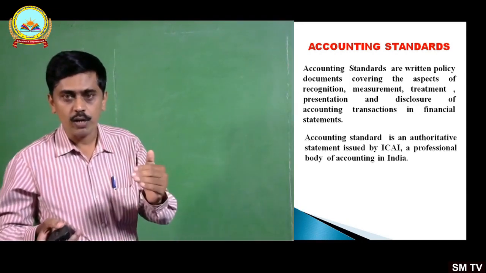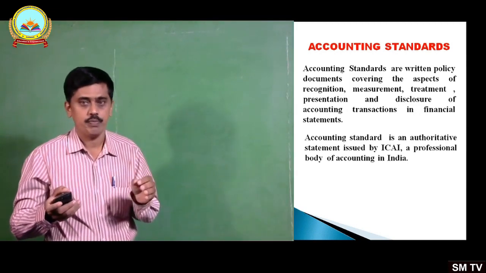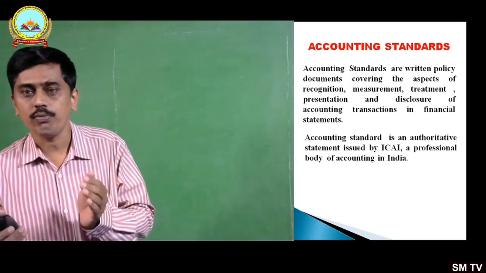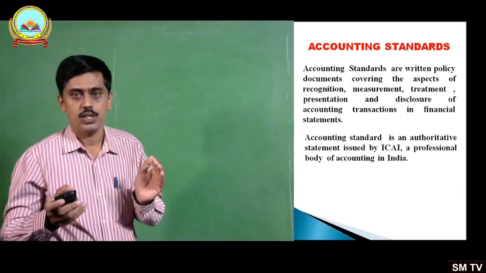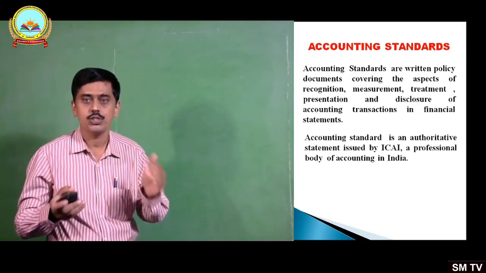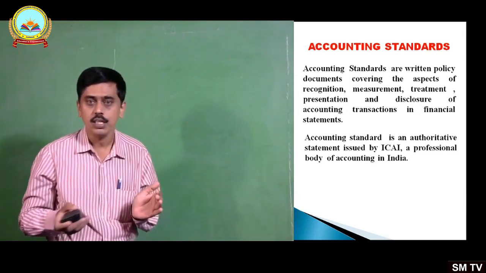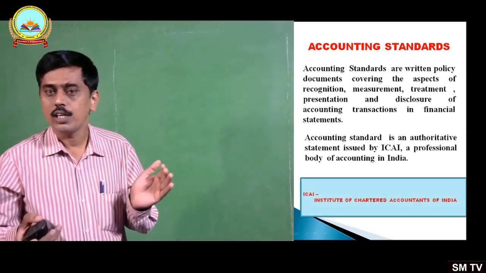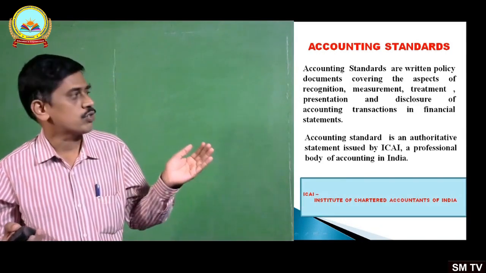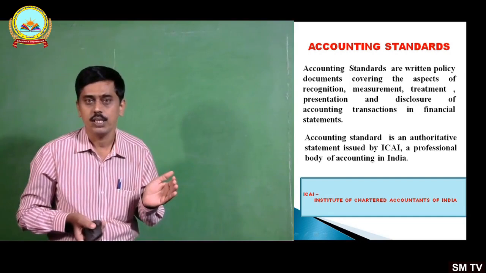And we saw that an accounting standard is an authoritative statement issued by ICAI, a professional body of accounting in India, isn't it? ICAI means Institute of Chartered Accountants of India.